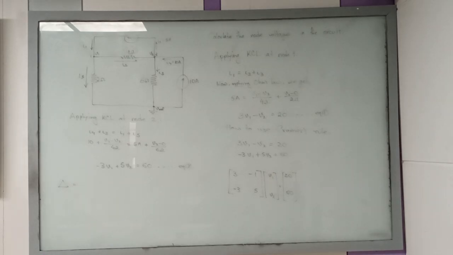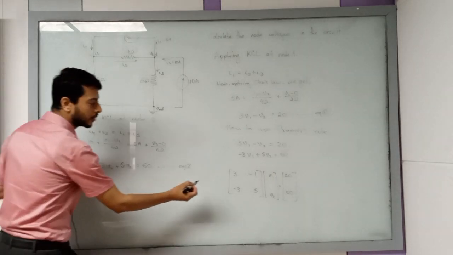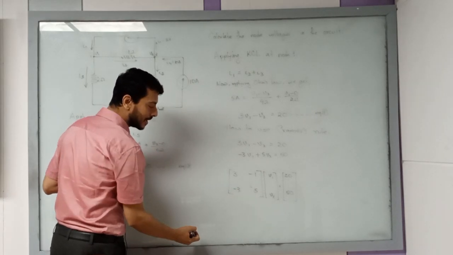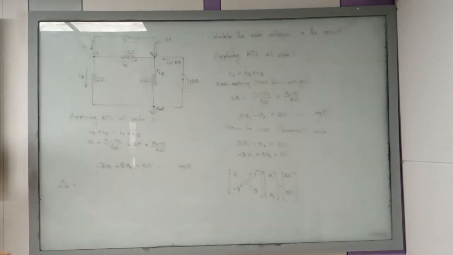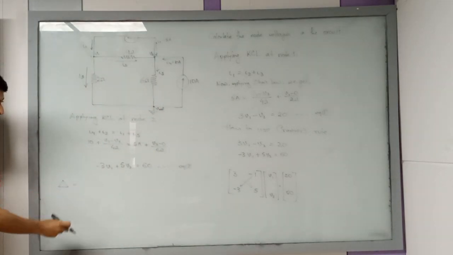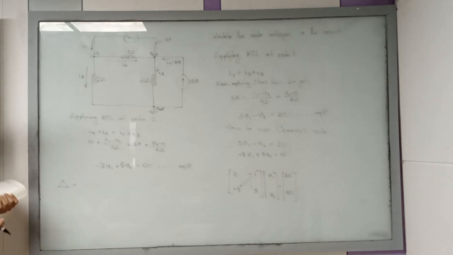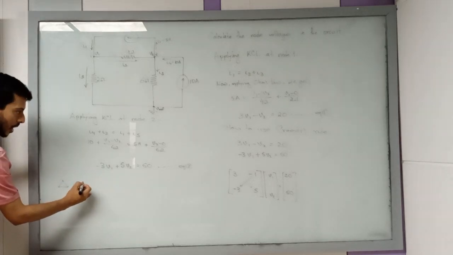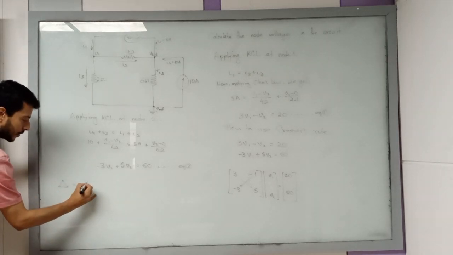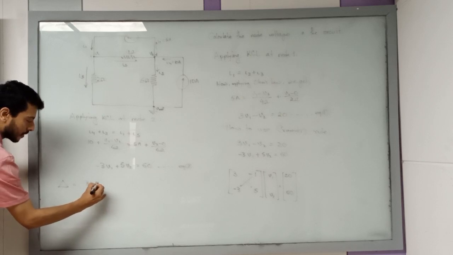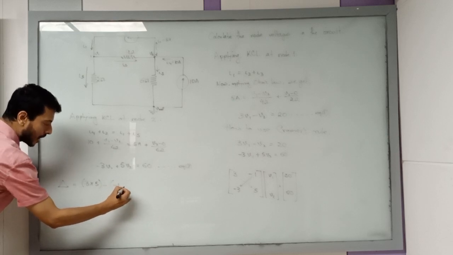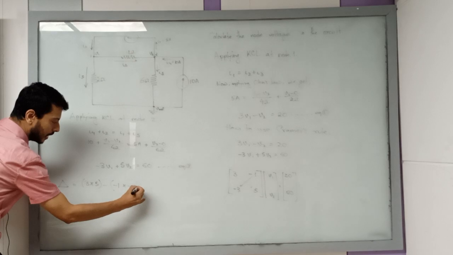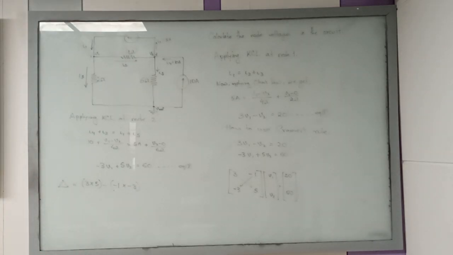So how to find determinant? 3 into 5 minus 1 into minus 3, so this is your determinant.